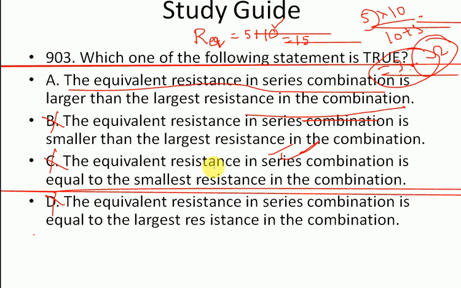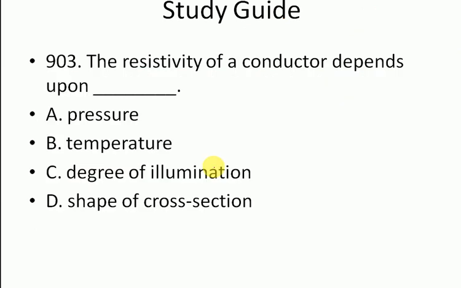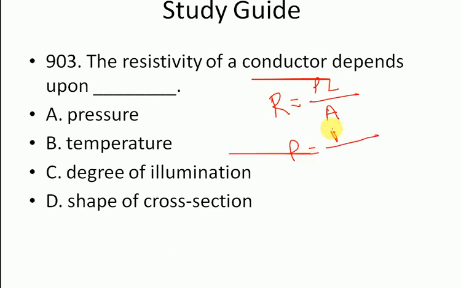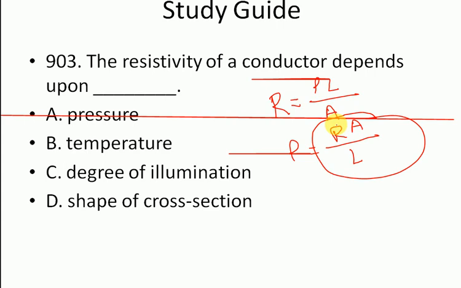Coming to the next point: the resistivity of a conductor depends upon what? Sometimes a lot of students write the equation R equals rho L by A, and then rho equals R A by L. From this formula you can find the dimension of rho, but nothing else.